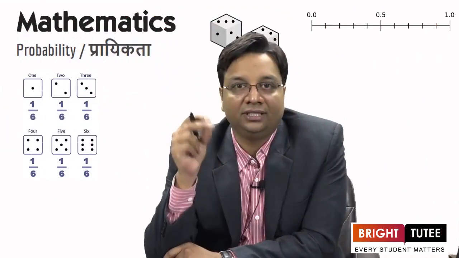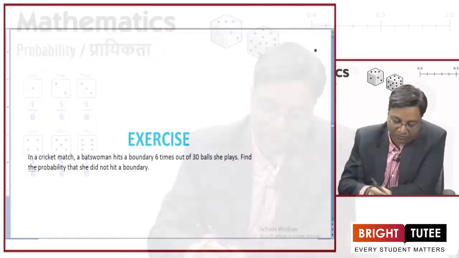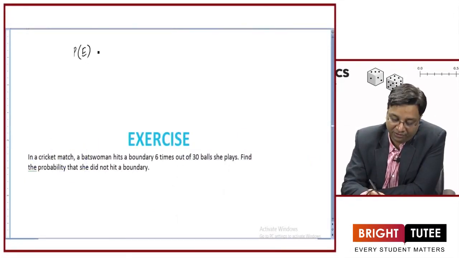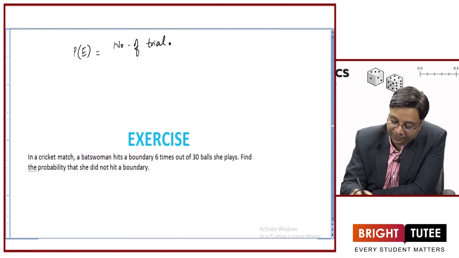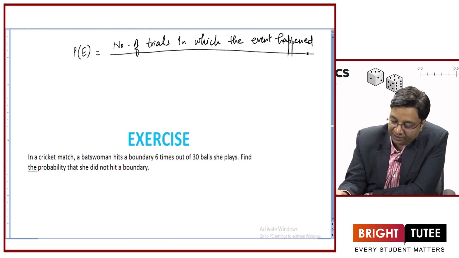In the last lecture, we discussed experimental or empirical probability, right? What was the empirical probability of an event? It was the number of times, or number of trials, in which the event happened, divided by the total number of trials.